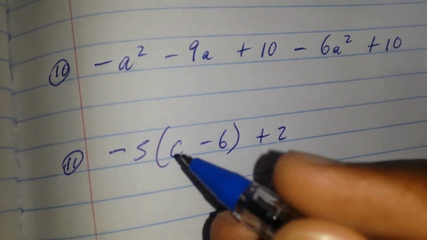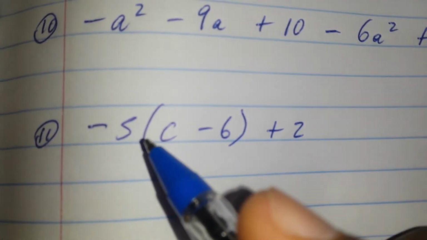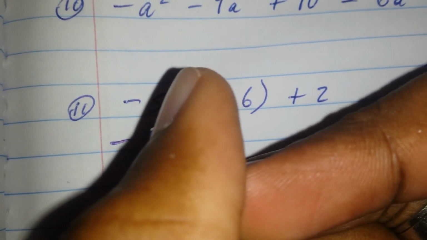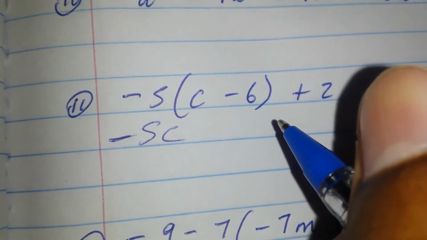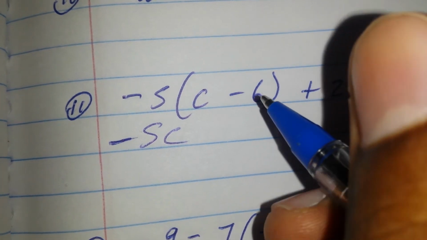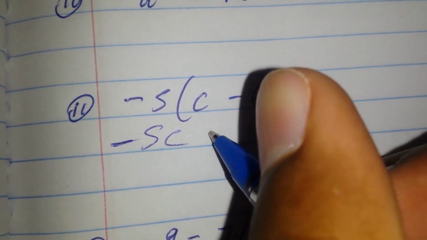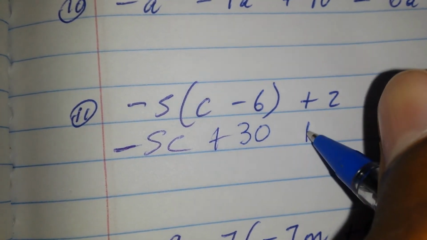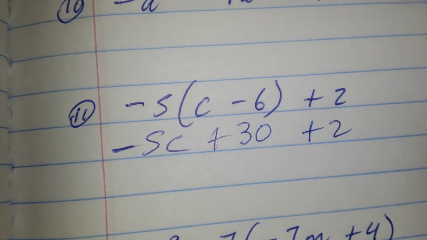Okay, so the same rules apply in the expanding of brackets. Minus 5 multiplied by c will give us minus 5c. Minus 5 multiplied by the minus 6 would give us a positive 30. And we have the positive 2.